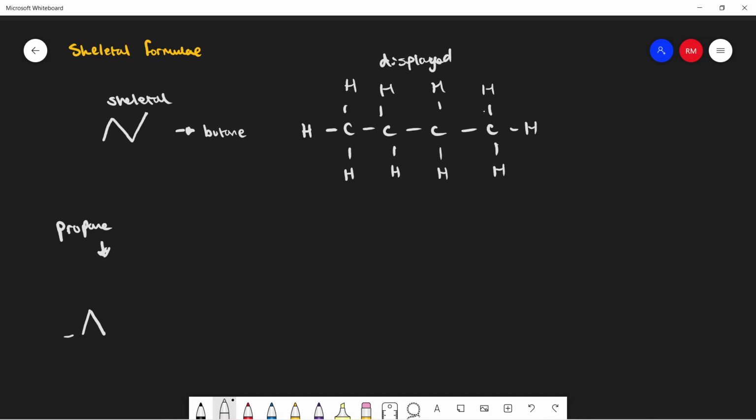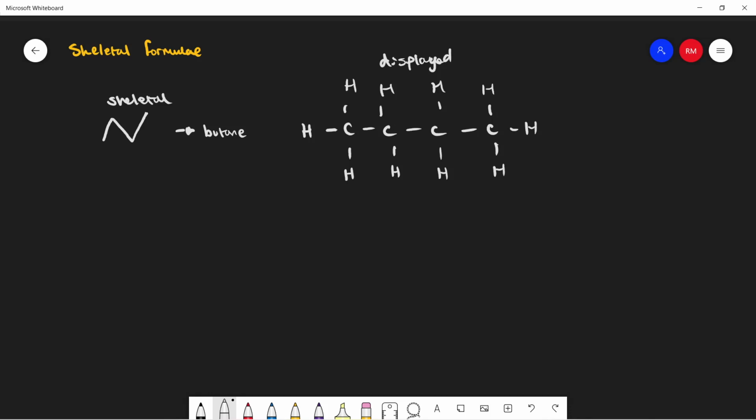Here we can see the first carbon, the second carbon, and the third carbon, or the other way around. So that's propane. And I'll keep the butane example up here for you guys, just to refer back to.